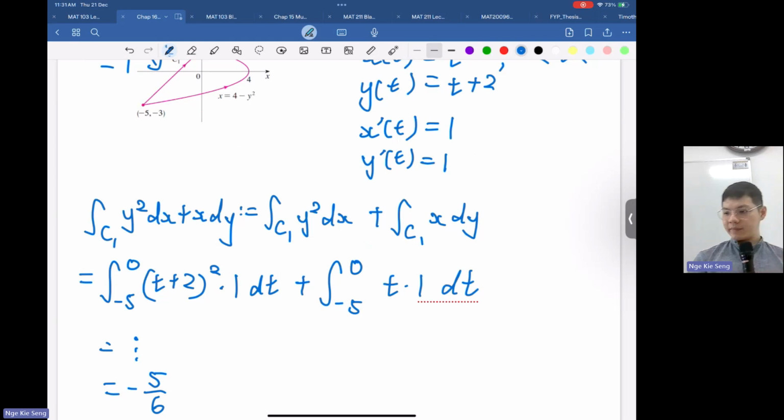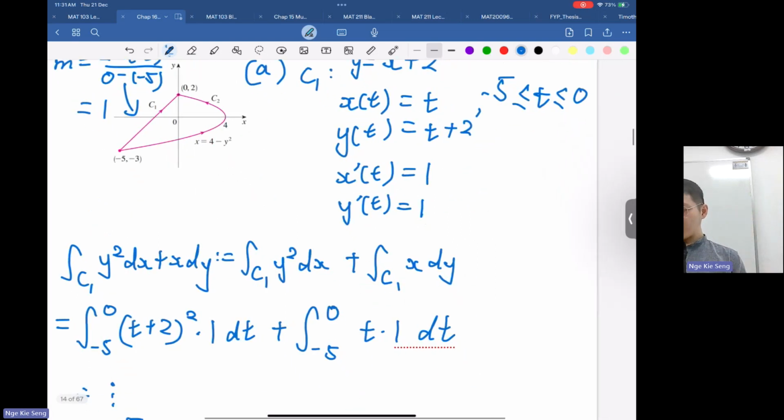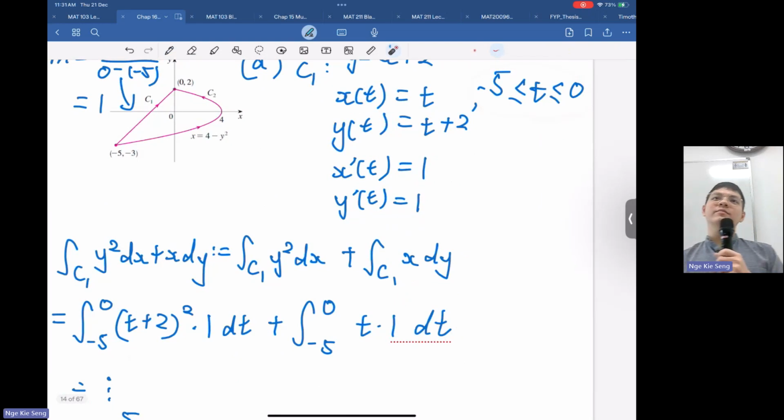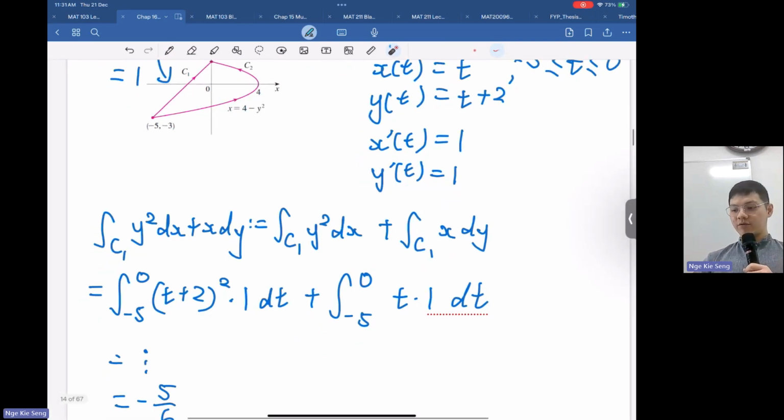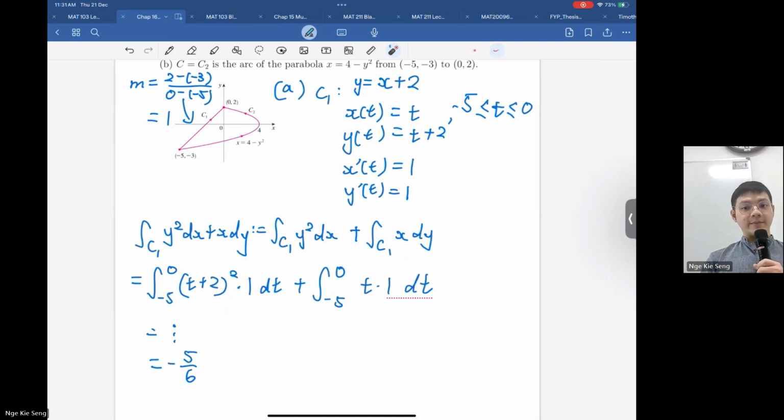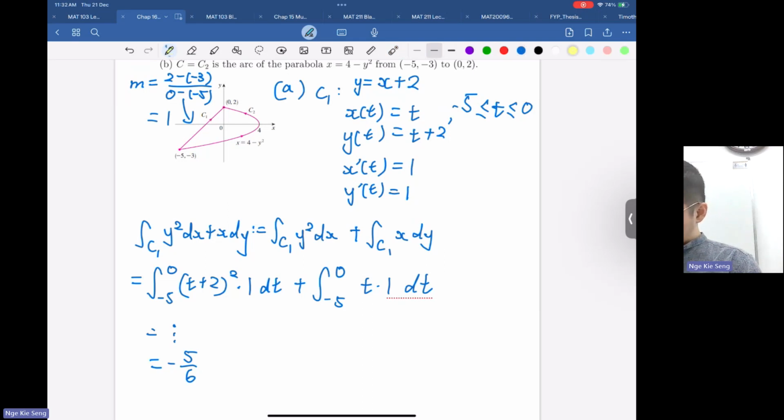Okay. Maybe you are not happy with this time here, because most of the time our time goes from 0 to 1, right? So can you parameterize such that this time goes from 0 to 1 or not? One parameterization you can make is, so let me put it here.